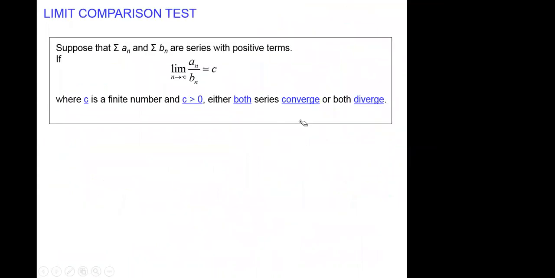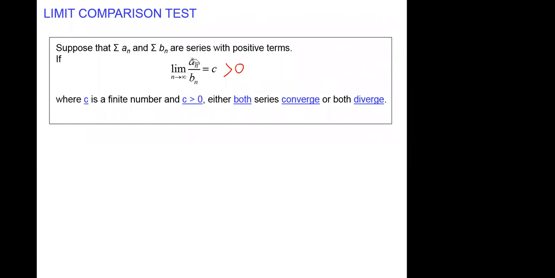And let's see, I typed this for you. We know what a sub n and b sub n mean, and we're looking at that limit, that ratio. And if c is a positive finite number, then, because sometimes students are confused about what I mean by both being convergent or divergent, we can conclude: everything depends on b sub n.